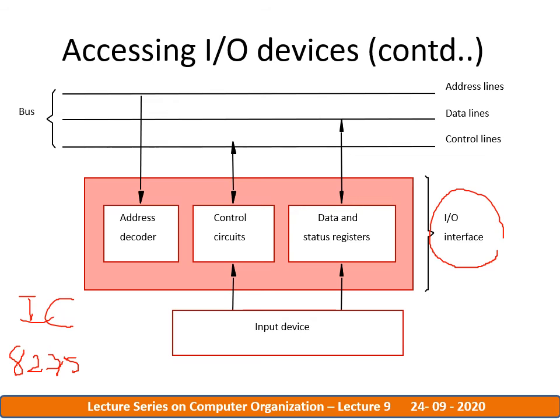The speed of operation of a processor and I/O devices differ. See here, we are communicating with the I/O devices and a processor. So the speed obviously varies, right? Greatly it varies from a device to the processor. The I/O devices are manually operated in many cases.